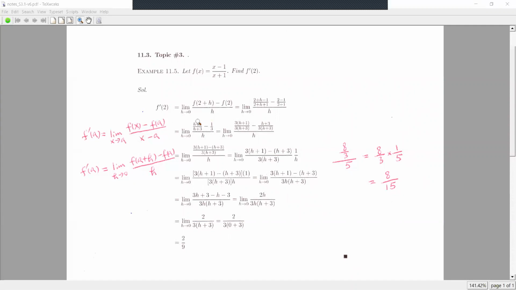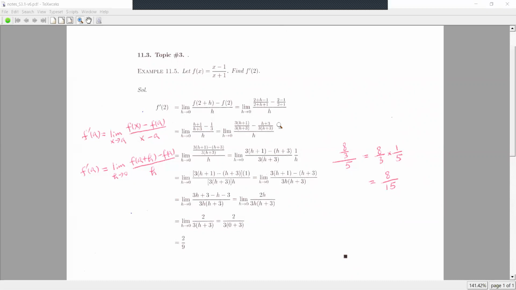Now, I multiply the top and the bottom in the first term by the number 3. Multiply the top and the bottom in the second term by h plus 3. Then I have this equation. Now the two terms have the same denominator.